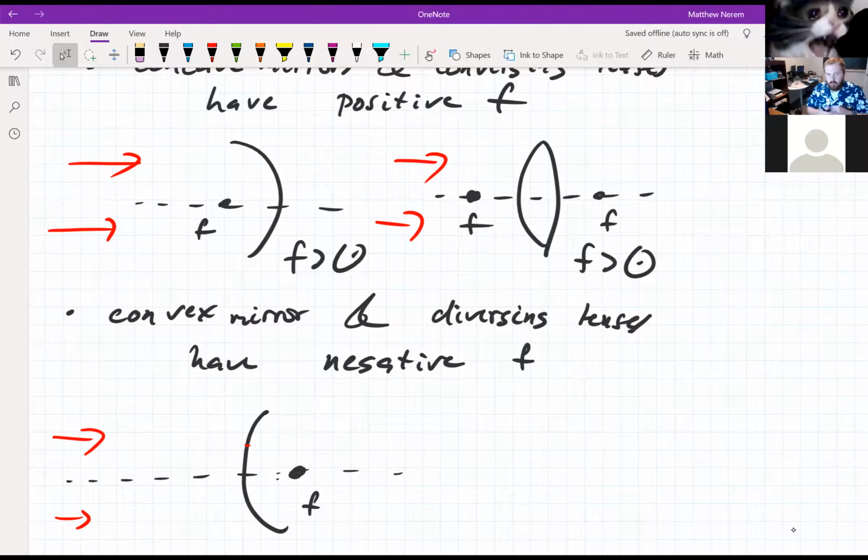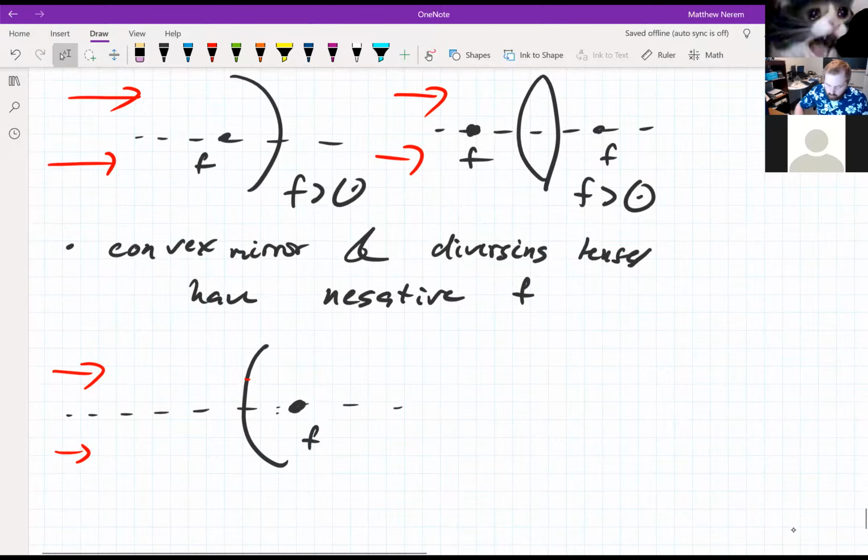For some reason in my notes, I have concave going with diverging and convex going with converging. I'm not certain about your notes.